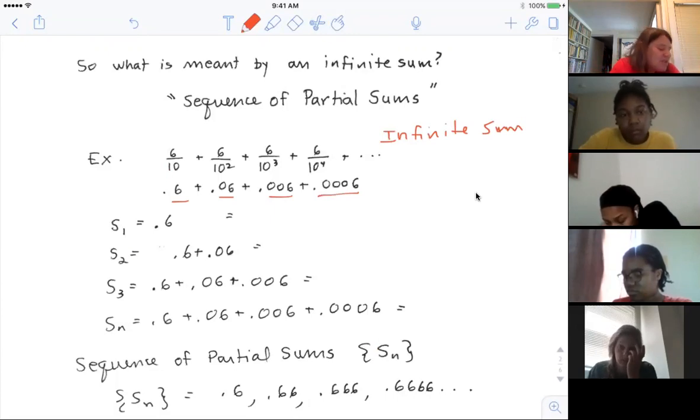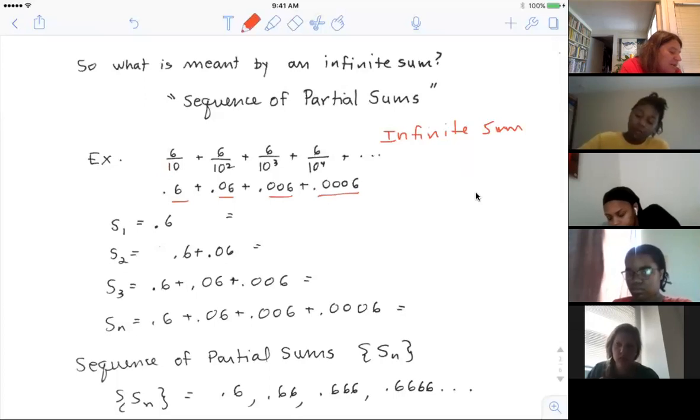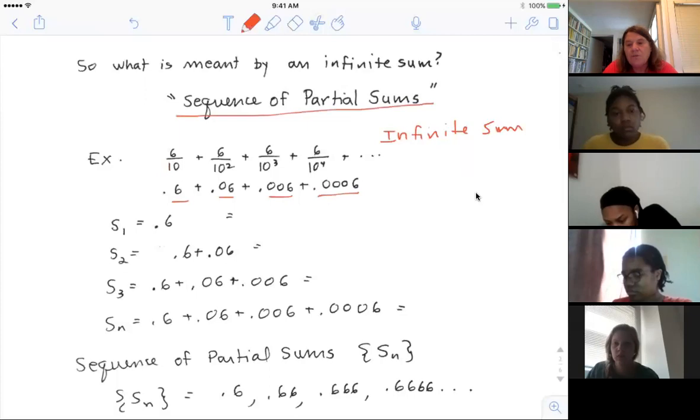But it's not just each piece that's reaching a limit, because if you just looked at 6 over 10 to the nth, that would go to 0. So we're not just looking at the individual piece here, we're looking at the sum of these things. So here's what I want to talk about. What's meant by an infinite sum is that you look at the sequence of partial sums.